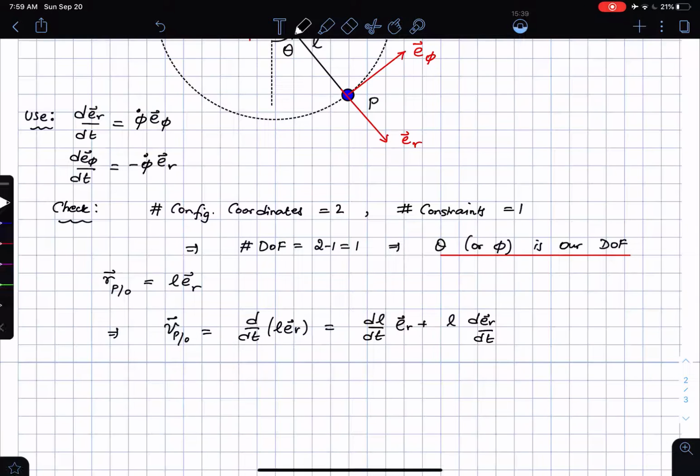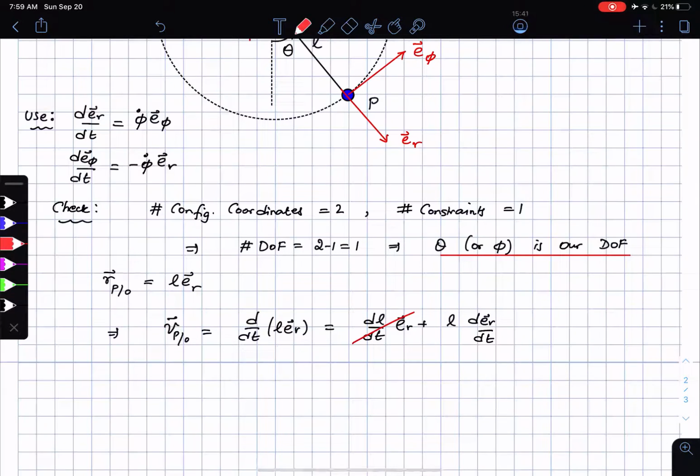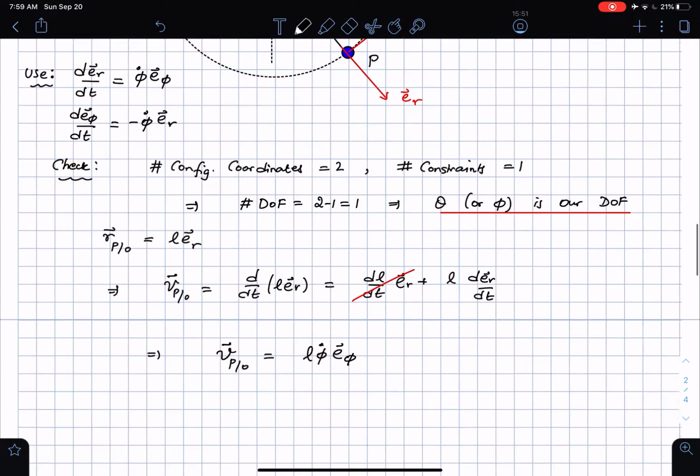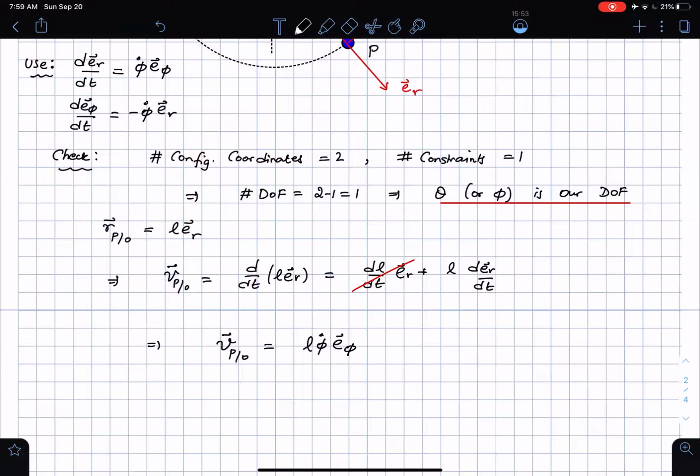But dL by dt is 0, because it's a constant, which means that the velocity of p slash o is L phi dot E phi. I've substituted for d E R by dt, and we know that d E R by dt is phi dot E phi.